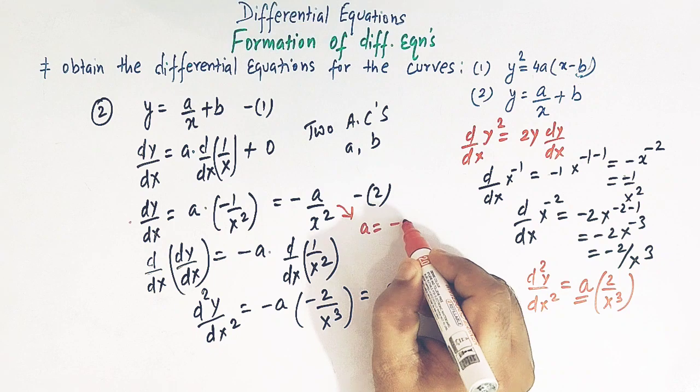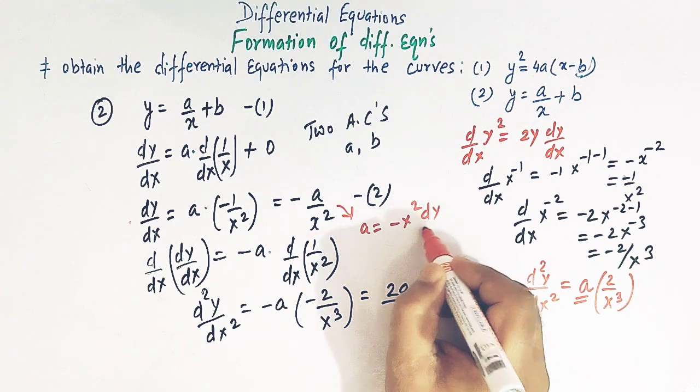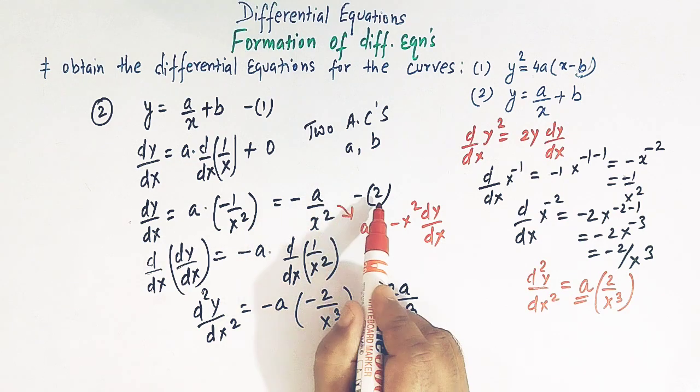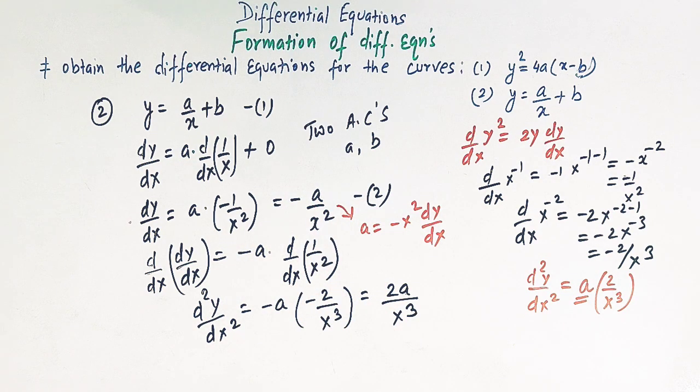So we have minus x square dy over dx. Our aim is to eliminate the arbitrary constants, right? In the second derivative, the arbitrary constant is still live, so we have to eliminate this a by using equation number 2.